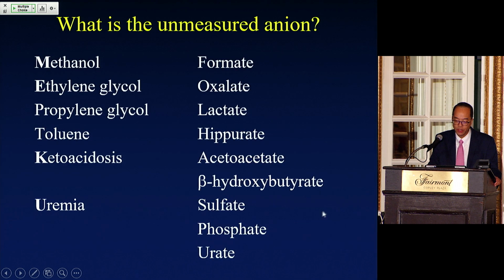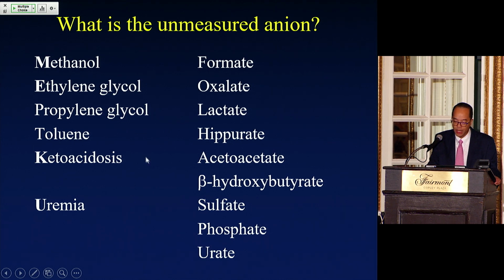And this is to remind you what the unmeasured anion is. Most of the things that I mentioned are themselves not actually acids, but what happens is that they're metabolized to acid. So methanol is metabolized to formic acid. Ethylene glycol is metabolized to oxalate, oxalic acid. Propylene glycol is metabolized to lactate. Toluene's a hippurate.